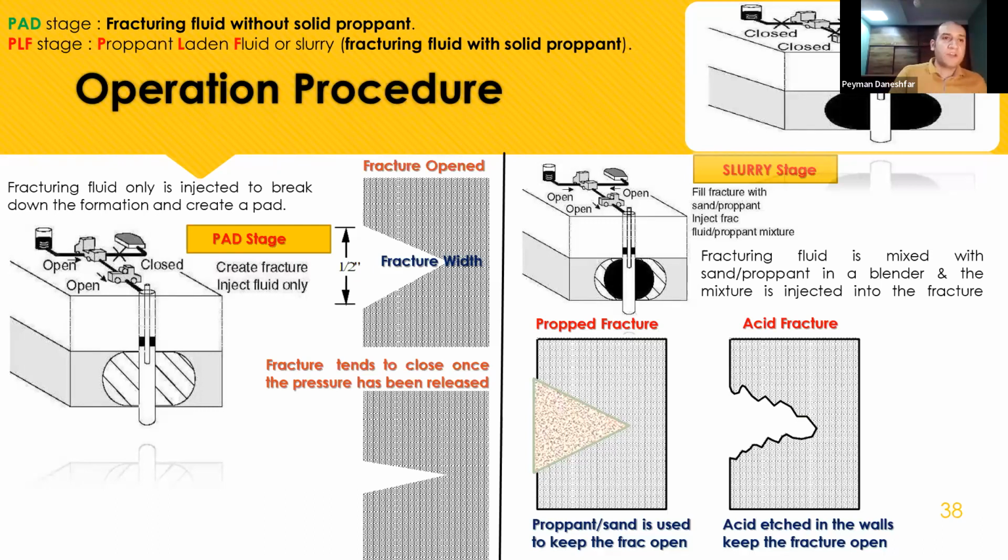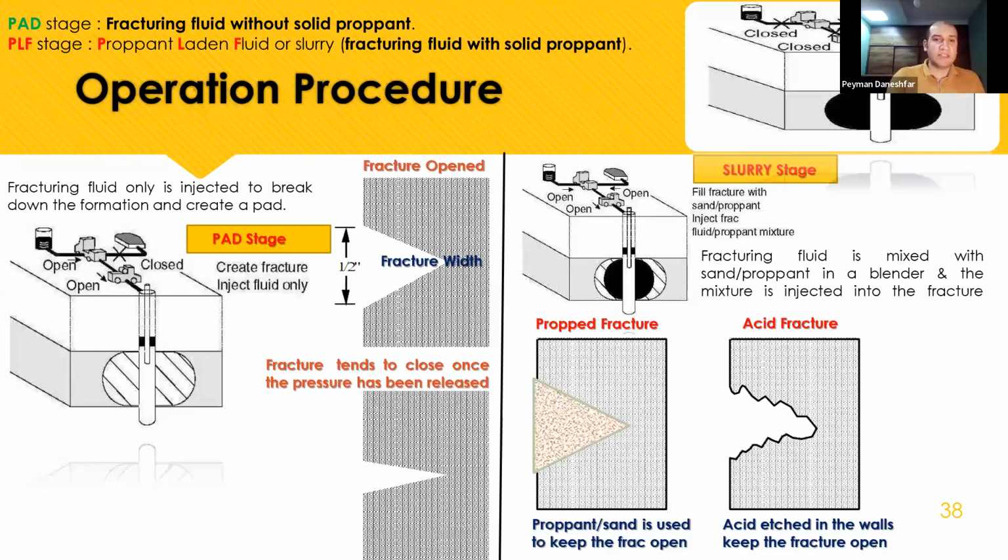Because the fracture tends to close, we now put proppant with the fracturing fluid and mix it together, and now we pump the slurry stages, because we fill the fracture with the proppant and inject the frac fluid and proppant mixture.